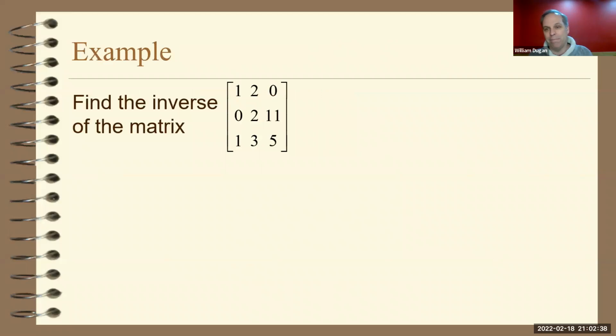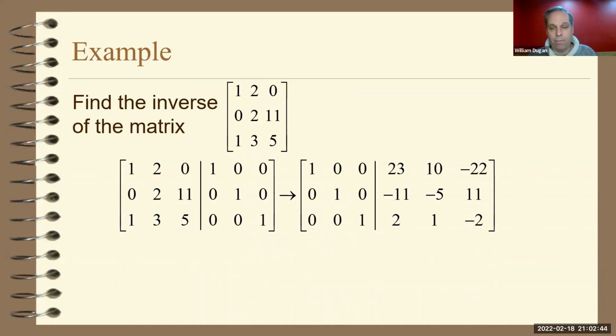I think you should see it. So this matrix here, I claim it has an inverse. How do I know? Because if I write down that matrix and adjoin it with the identity, and I row reduce the left-hand side to the identity, I know the matrix has an inverse because it can be row reduced to the identity.